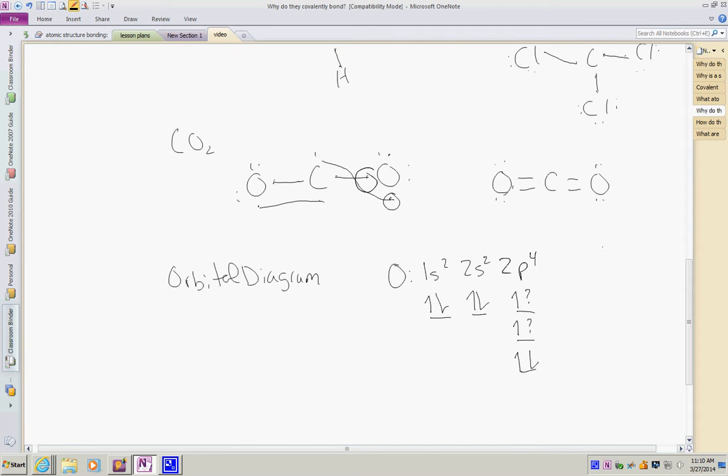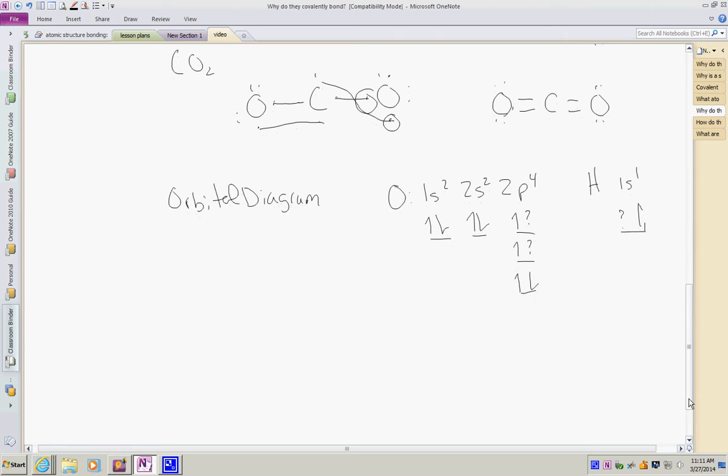a spot, as opposed to hydrogen, which is going to be 1s1, and all it has is this one electron here. So it's going to overlap the orbital electron clouds, and there is quite a lot of debate as to how this happens. The theory of hybridization is generally up in the air.